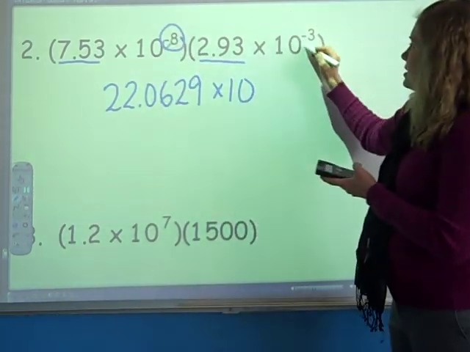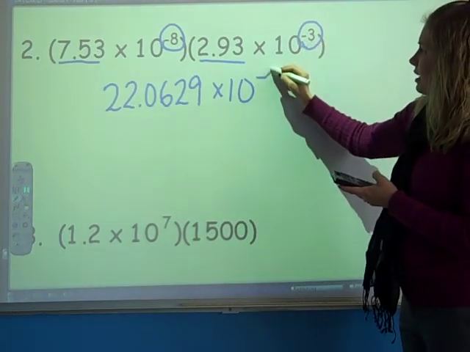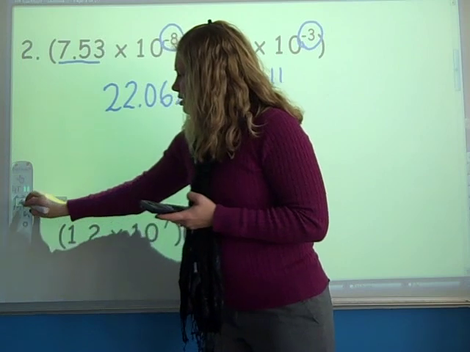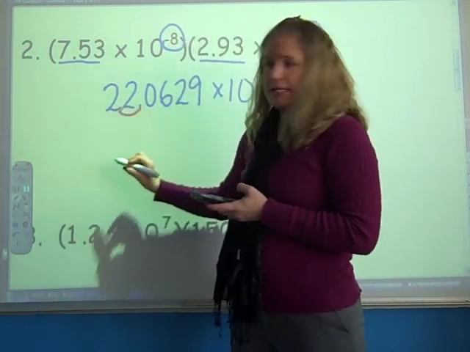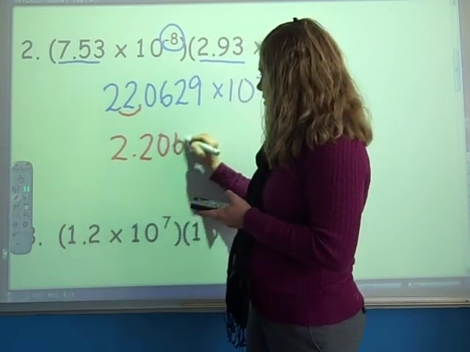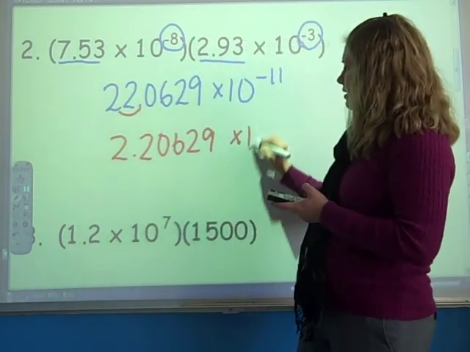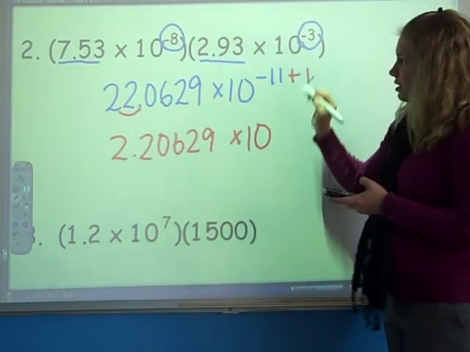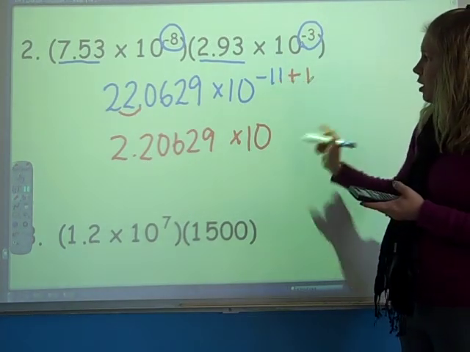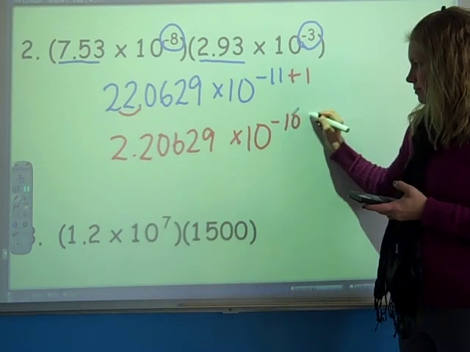Negative 8 plus negative 3, negative 11. Again, this is not in scientific notation. So I move this one place to the left, 2.20629 times 10. I add 1 to this. Even though it's negative, you still add 1. Negative 11 plus 1 would be negative 10.